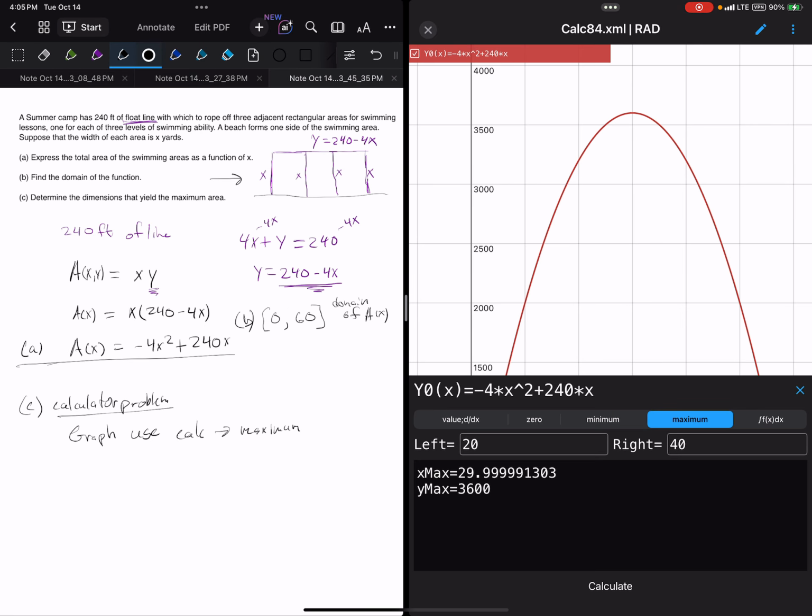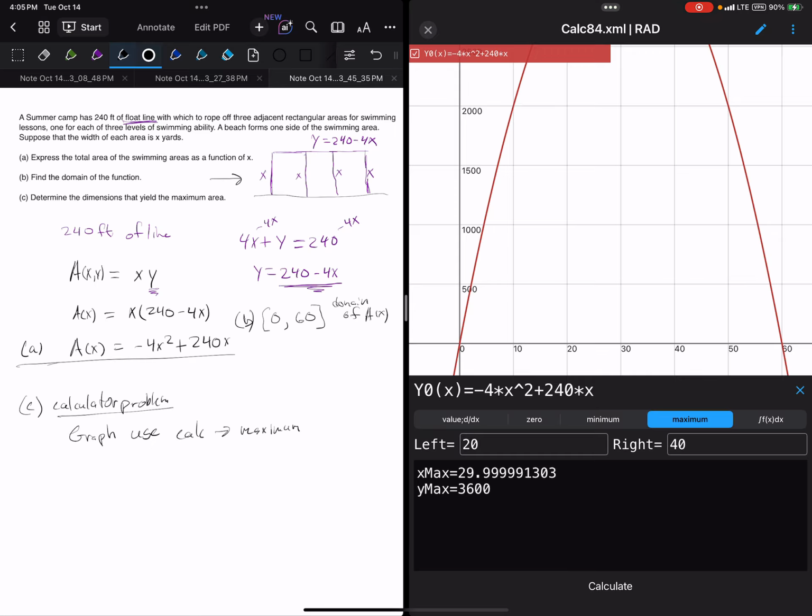And what it's finding is 29.59. Well, something tells me that's 30. So with an x value of 30, I finally reached my y max, and my y max is 3,600 feet squared. And so when I go back over here, I kind of sketch this thing just to show where we are. So we got the 0 to 60, and I got 0, and I got 60, and I got just a nice smooth parabola going between the two.